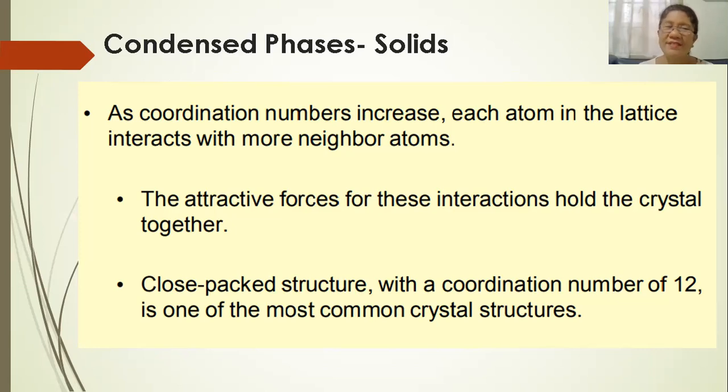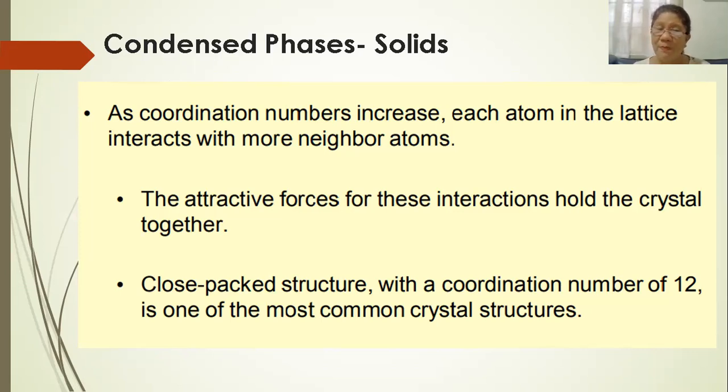Another thing is the attractive force of this interaction holds the crystal together. So the more you increase the coordination number, the more interaction with the neighboring atoms, the more attractive force. And what will happen? This will make your crystal stronger because of this interaction.